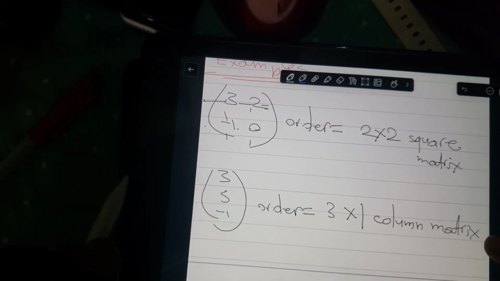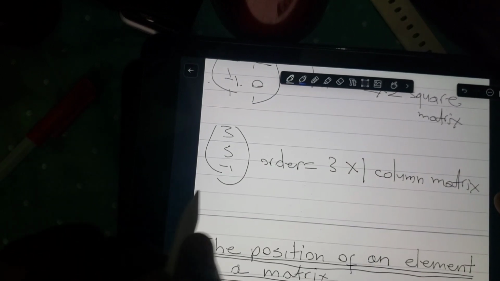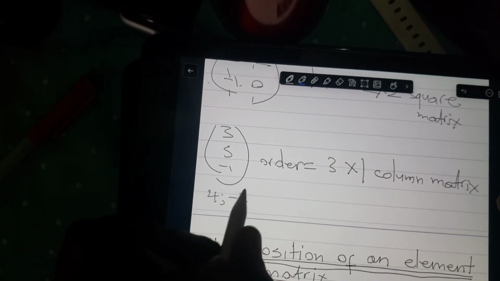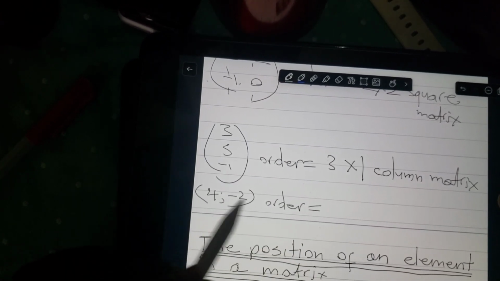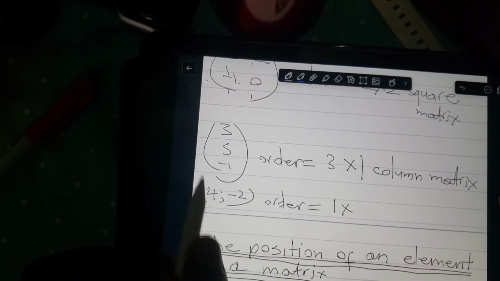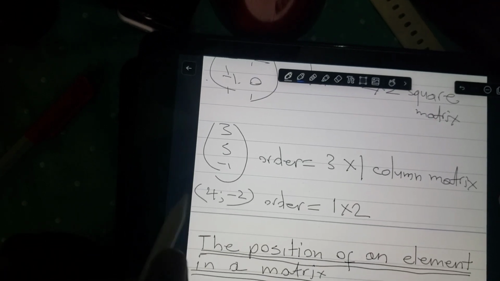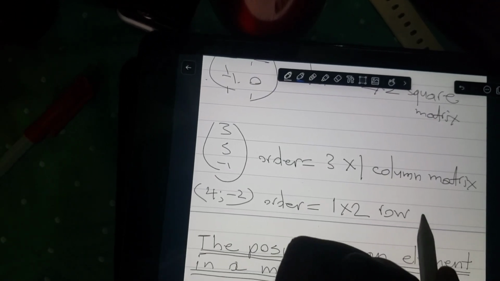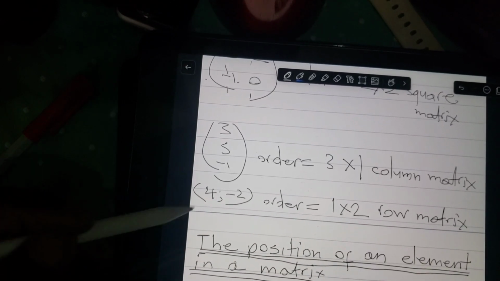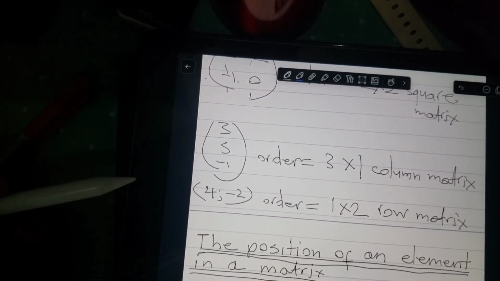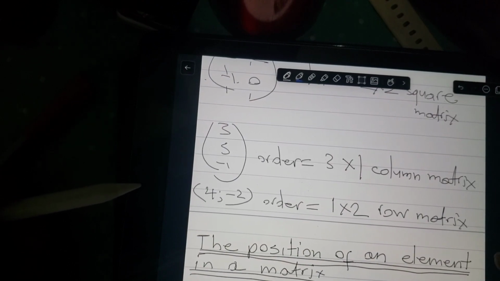Another matrix: 4, minus 2. The order of this matrix is 1 row by 2 columns, so it's called a row matrix because it has 1 row. So that's the order of a matrix: the number of rows followed by the number of columns.